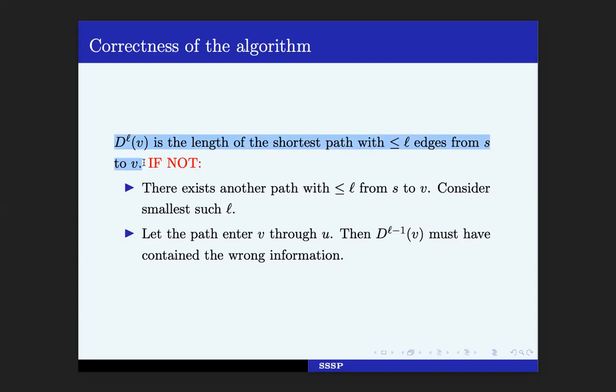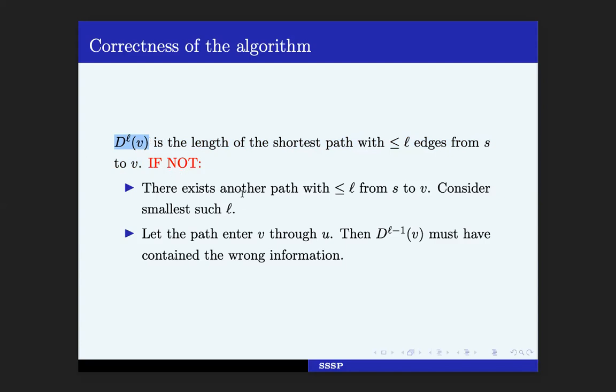So how do you prove this fact? This fact will of course depend upon how the DLV was defined in the first place. DLV was defined recursively, right? So we prove it this way.